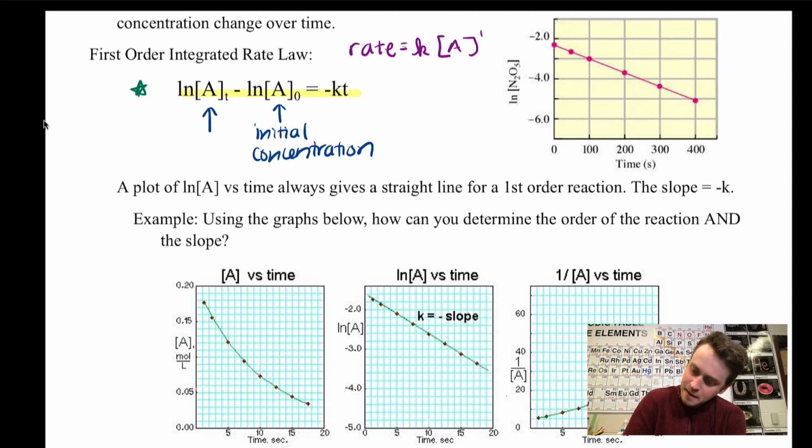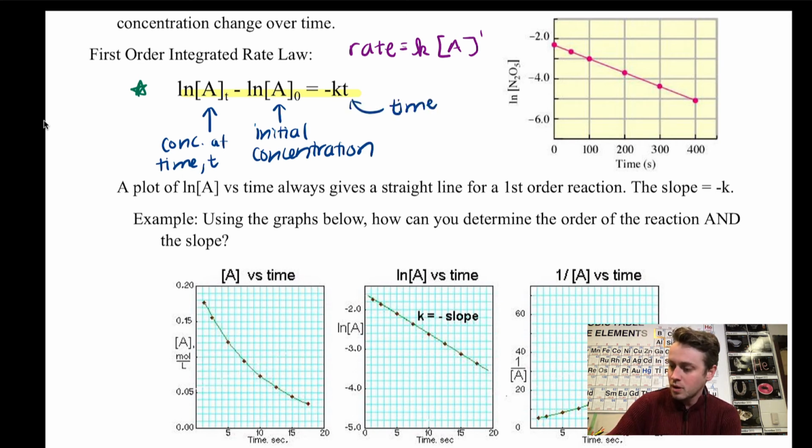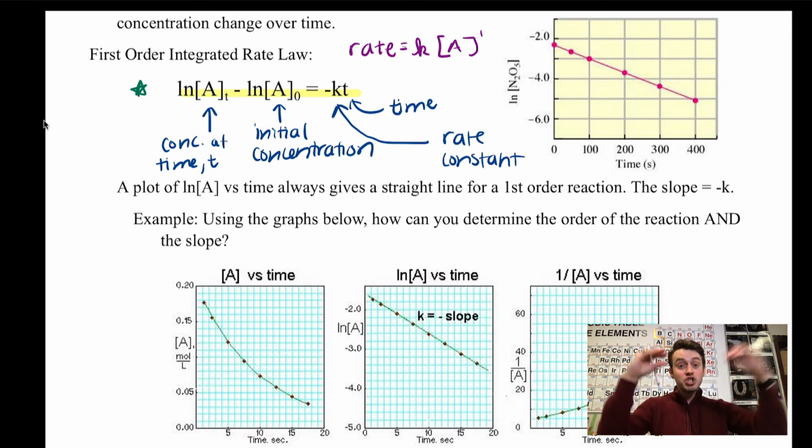This is my concentration at time t, so just whatever time it is. t is time, and then we already know that k is our rate constant. And so we can just plug in the values that we need to solve for what is missing.